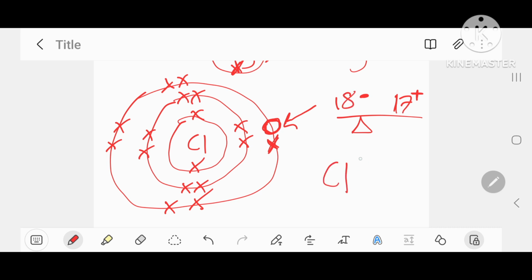So the chlorine is written like this, the valency for chlorine, Cl minus 1. Minus 1 because it now has a net charge of minus, and 18 minus 17 is 1, right? So it's got 1 extra electron added to it. That's why the 1's there. Minus charge overall, and 1 electron it gains.